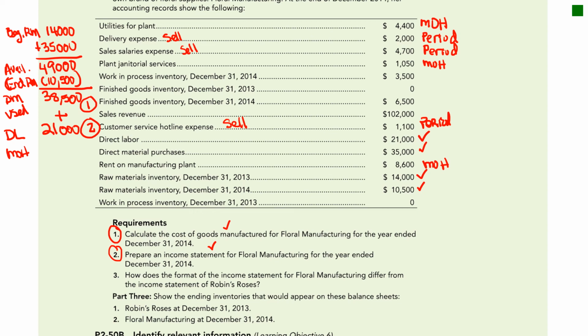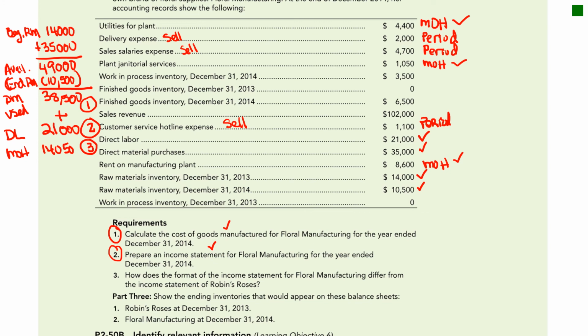So in this case, you would have to add the utilities, the plant janitorial services, and the rent. It looks like those three would represent your manufacturing overhead. And if you were to add those together, you're going to get $14,050. So I'm going to put that right here. So $14,050, that's your third product cost.